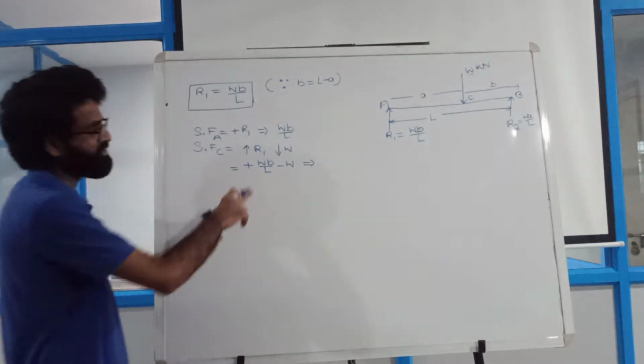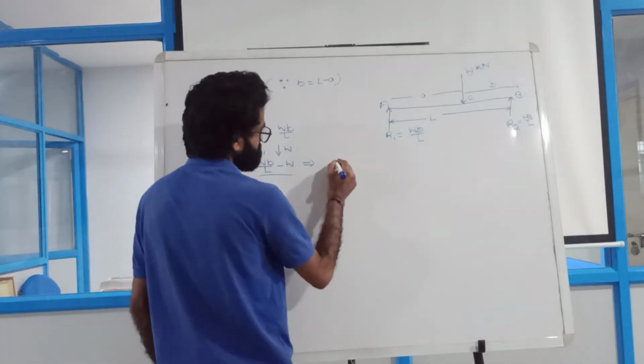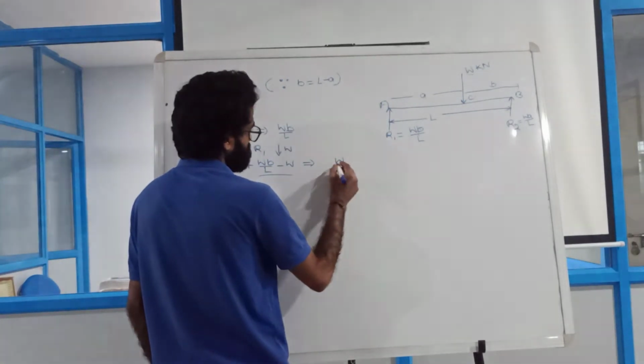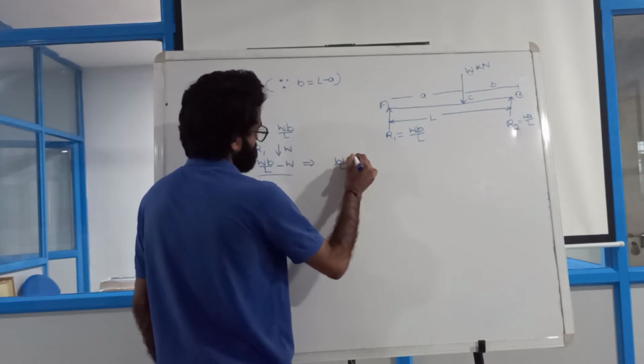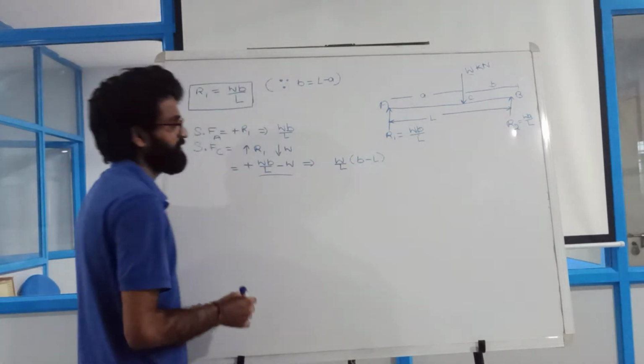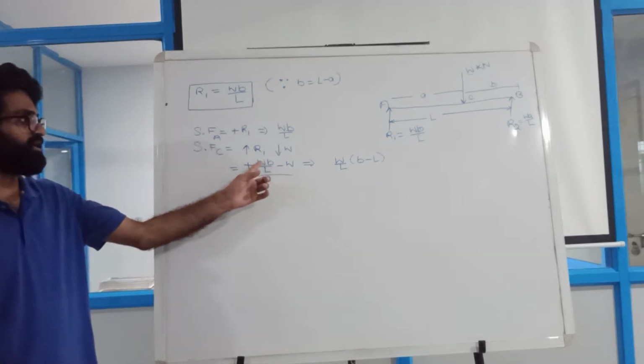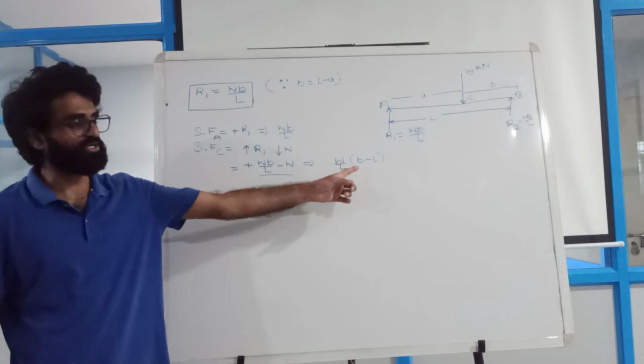After solving this, I am going to get W by L into B minus L. If you take the LCM of this, you can solve it and you will get this particular value.